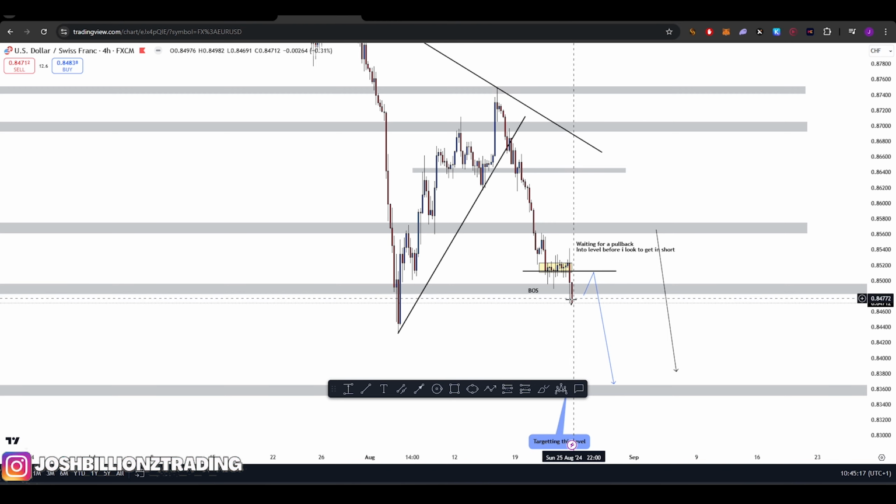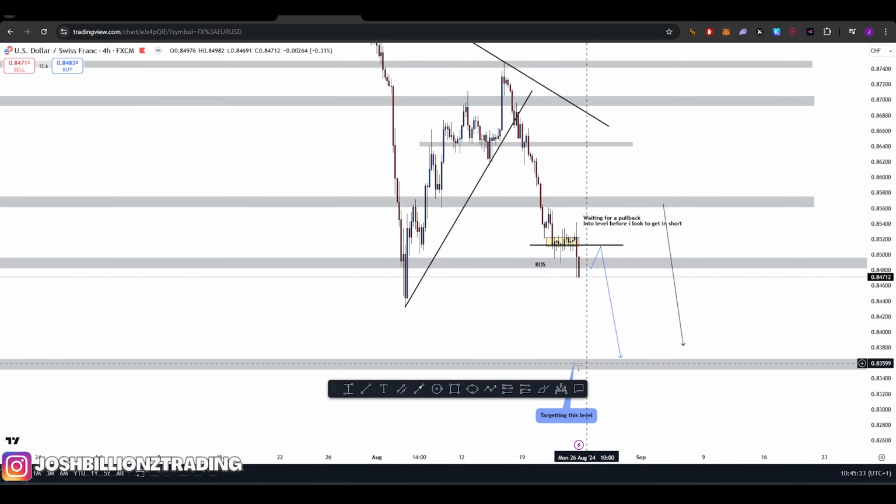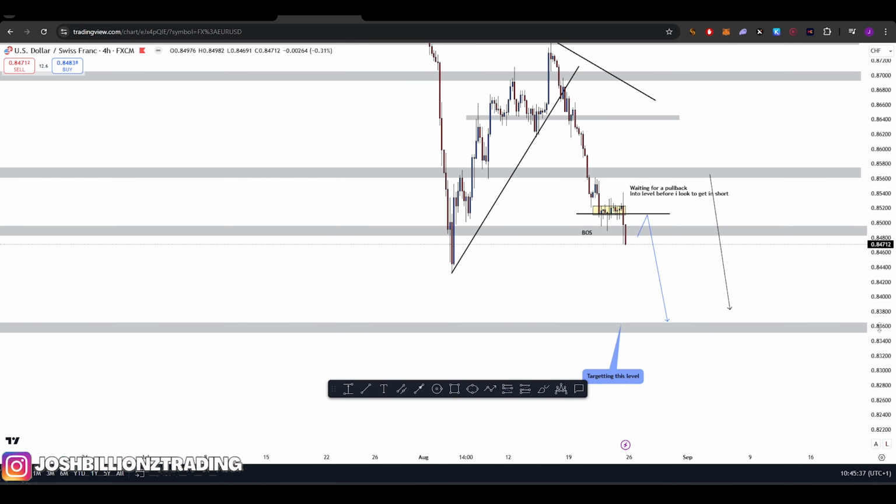So what I am thinking, price is at this level of support, we've made a bit of structure and broken it. Because price is at support, I'm anticipating potentially a pullback from this level of support into this level. And from here, I'll be looking to get in short. And then my target is going to be all the way down here at this level of support.